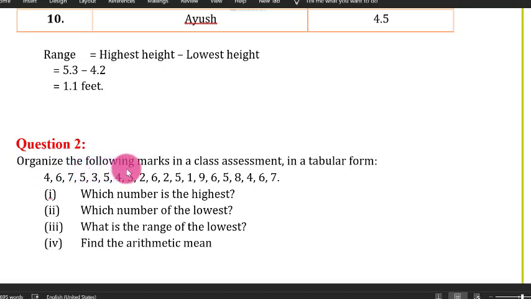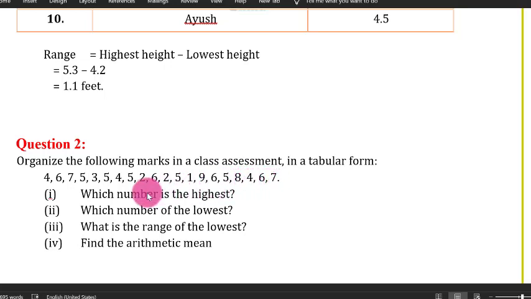Organize the following marks in a class assessment in tabular form. The given marks are 4, 6, 7, 5, 3, 5, 4, 5, 2, 6, 2, 5, 1, 9, 6, 5, 8, 4, 6, 7.